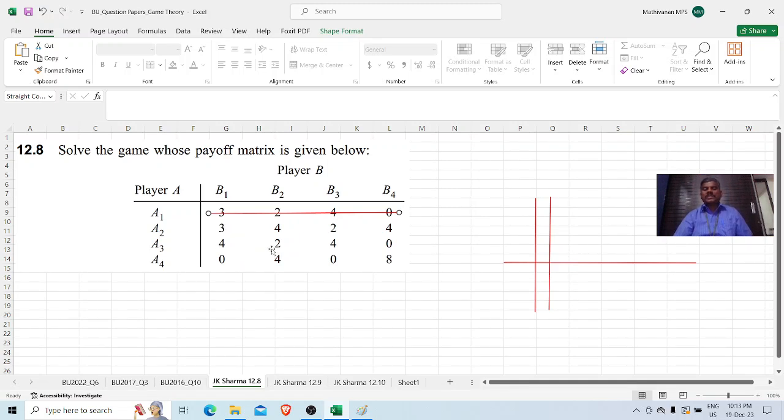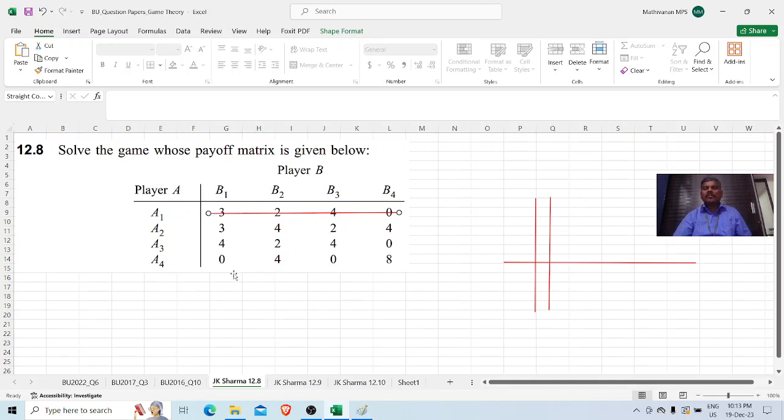Then second combination. B1 results in a loss of 4 points. B2 results in a loss of only 2 points. That means B2 is a better strategy when player A uses strategy A3. Now we'll come to this. B1 will result in no loss, but B2 will result in a loss of 4 points.